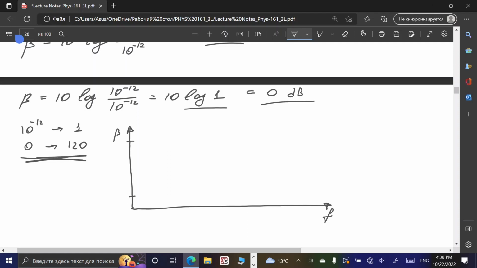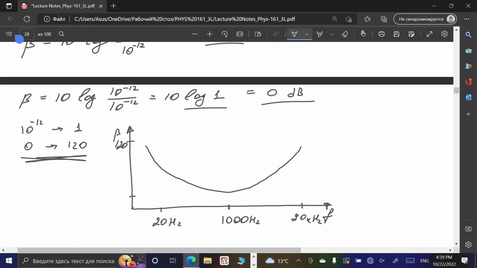Here the maximum will be 120 decibels, and here will be something like 20. Here the maximum will be 20 kilohertz, here is 20 hertz, and somewhere here will be 1000 hertz. So there is a so-called hearing curve, and it will look something like this.